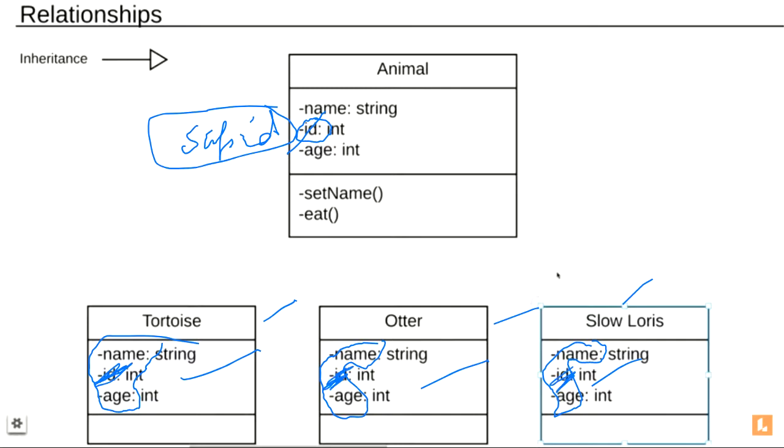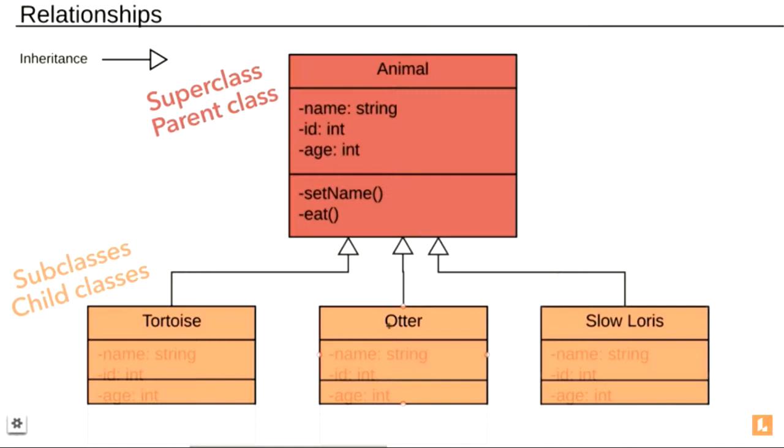Suppose you have thousands of classes, then you have to rename it again and again. Instead, if you directly do this inheritance, then you need not write these attributes and methods again anywhere. Automatically tortoise knows that it has attributes name, ID, age, and it has functions set name and age. Same with lion and same with tiger.